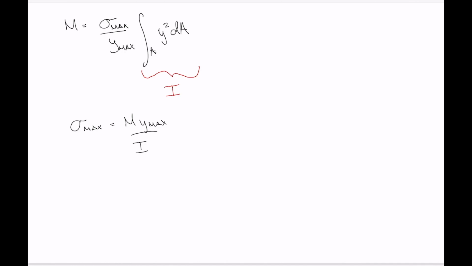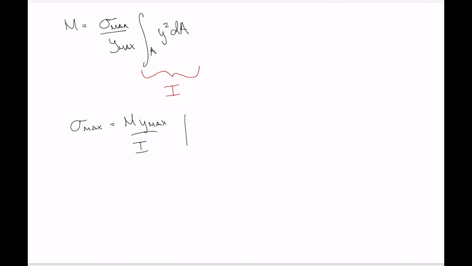We've got a relationship between the internal moment and the maximum stress in the cross-section, but it would be better if we had a relationship between the internal moment and the stress at any point in the cross-section we want.